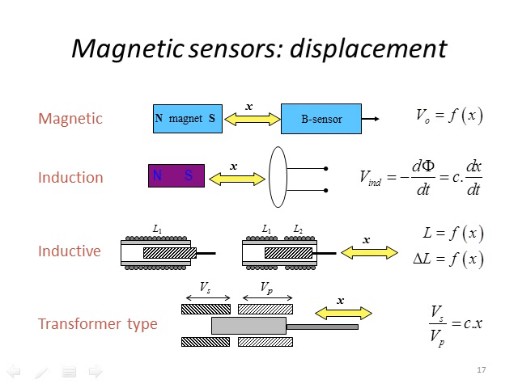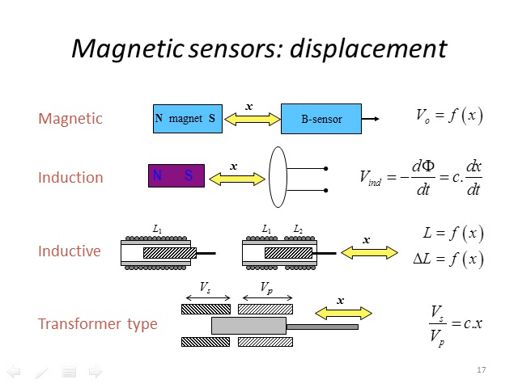And then a transformer type where it's based on a very similar principle where the voltage overlap is going to be dependent on the magnetic material between the core, and then our Vs, which is our signal, over Vp, which is the primary coil, is going to be a function of the displacement x.